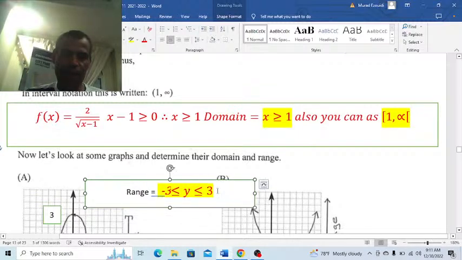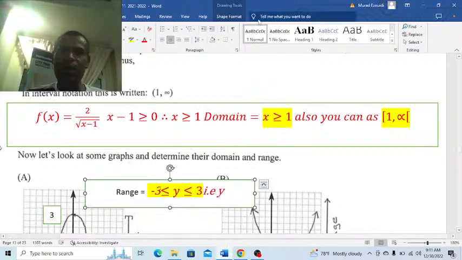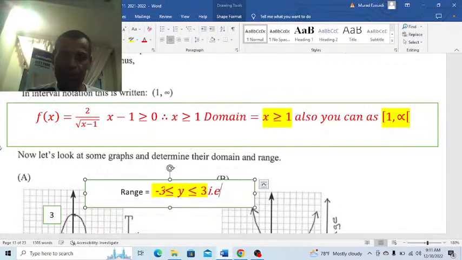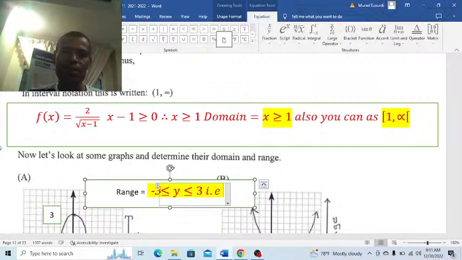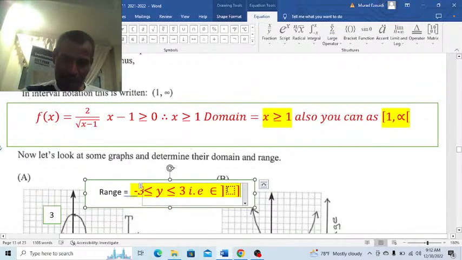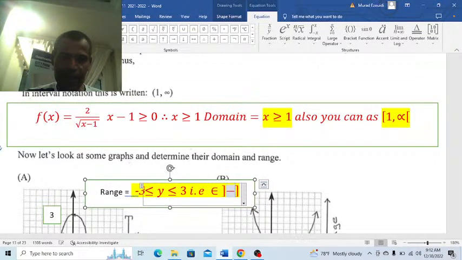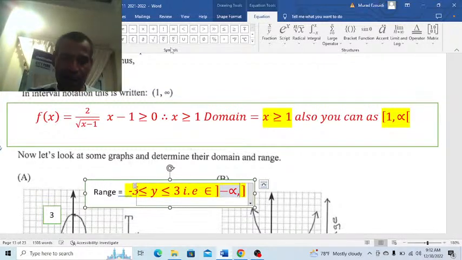The range means y is belonging to the interval, from minus infinity, comma, then we have 3.